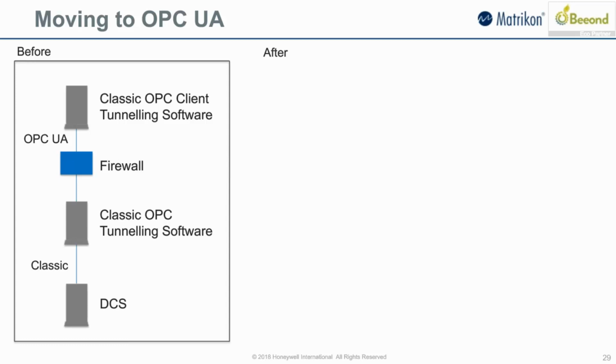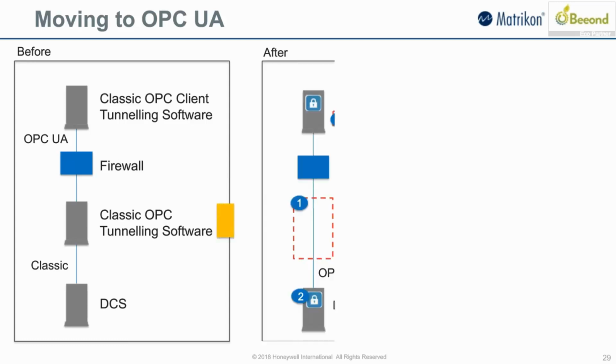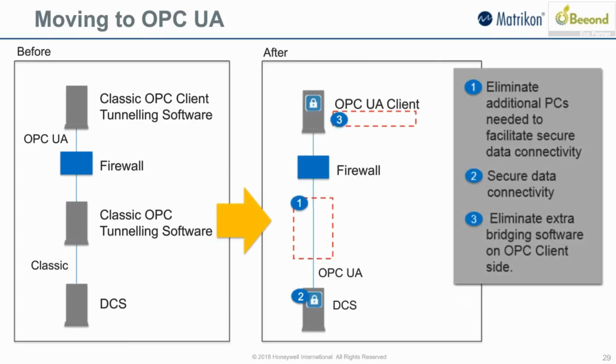In the new architecture, you can see pieces are removed. OPC UA can go directly through the firewall to an OPC UA client on the other side, in the cloud, in a data center, wherever it sits. You don't need the tunneler in between, so you remove that software.